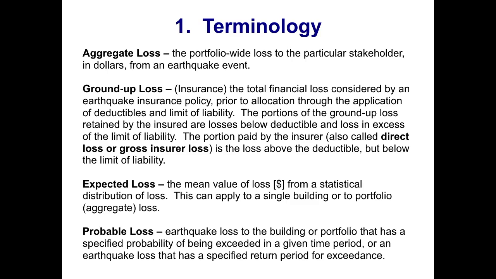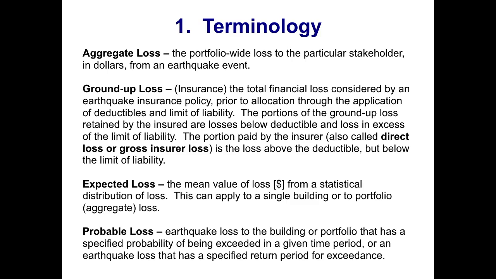Also, we speak of expected loss, and by that we mean the mean value of loss in dollars from a statistical distribution of loss that considers the uncertainties. This can apply to a single building or to a portfolio, in which case we also refer to it as aggregate loss.